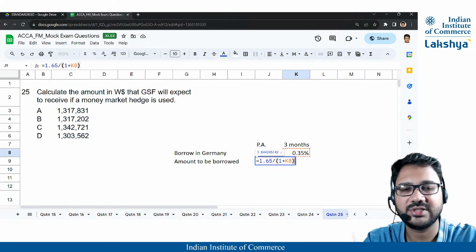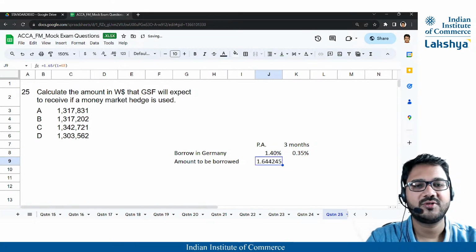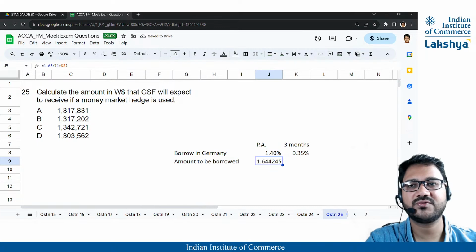I have already adjusted the rate, so we need not do anything with n. So it is 1.645 million euros.